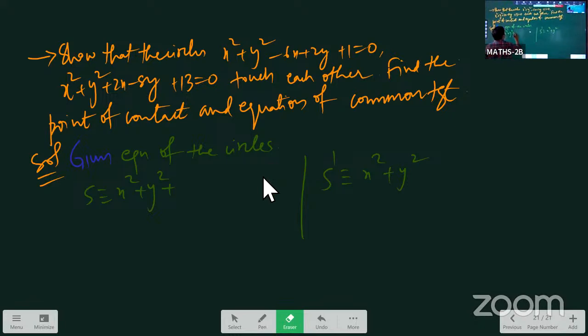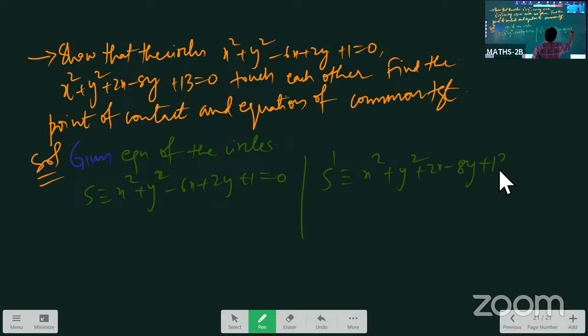X square plus y square minus 6x plus 2x. Now center C1 is 3 comma minus 1, radius R1 is root of 9 plus 1 minus 1, that is root 9.